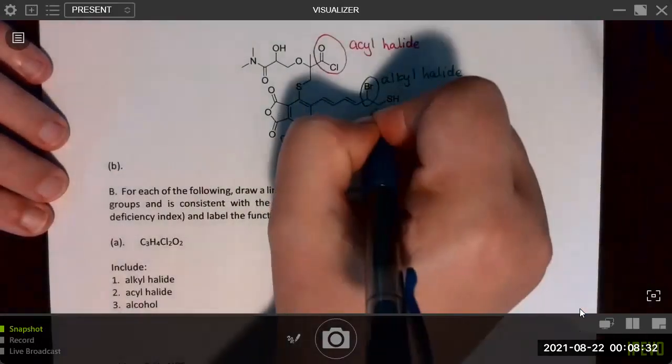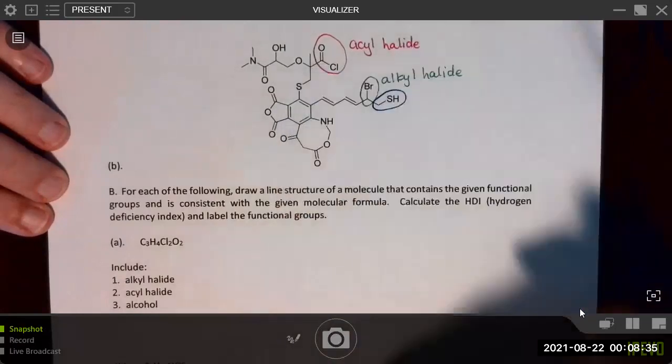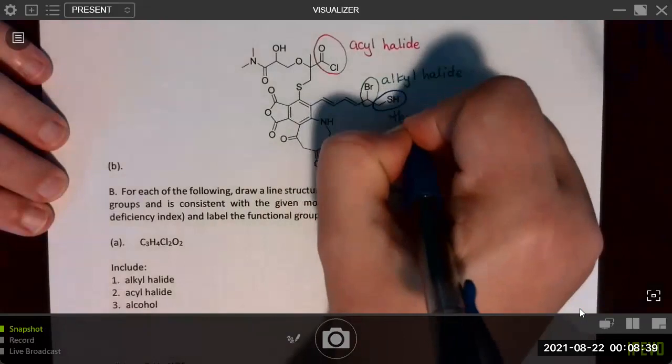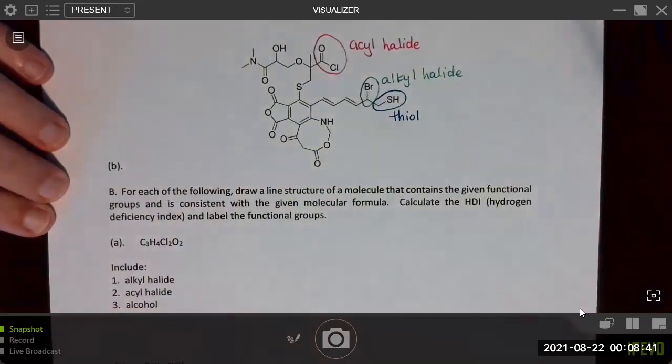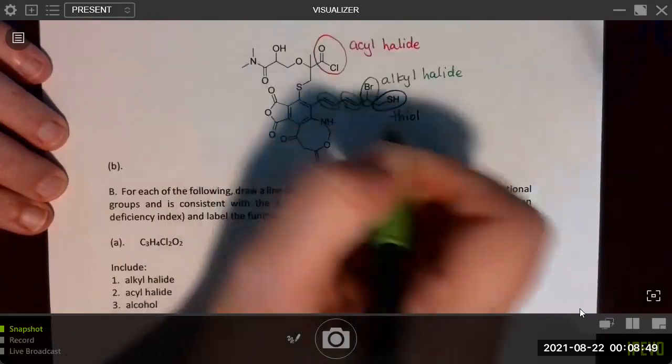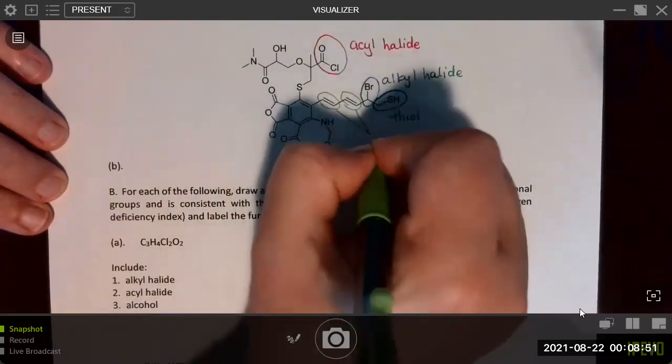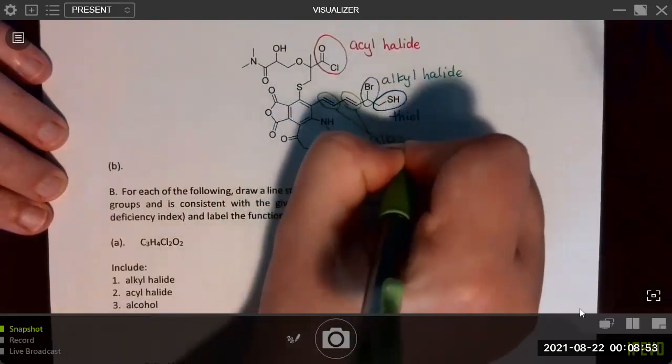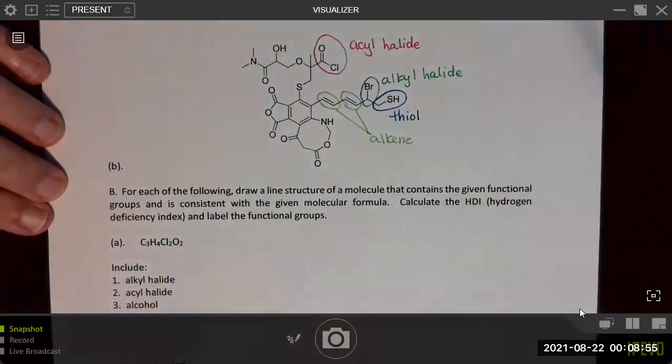We have a sulfur attached to a carbon and a hydrogen, thiol. And we have 2 double bonds. They're both alkenes, or actually when they're right next to each other, they're called a diene.